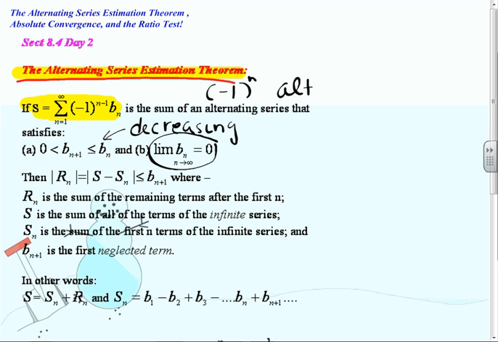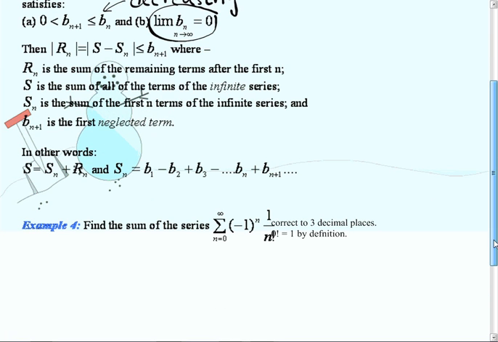Okay, so when you add this up, I'm going to skip down a little bit. This is your sum of the first n terms: b1 minus b2 plus b3, etc. If I want the full series, it's going to be the first n terms plus whatever's left over.